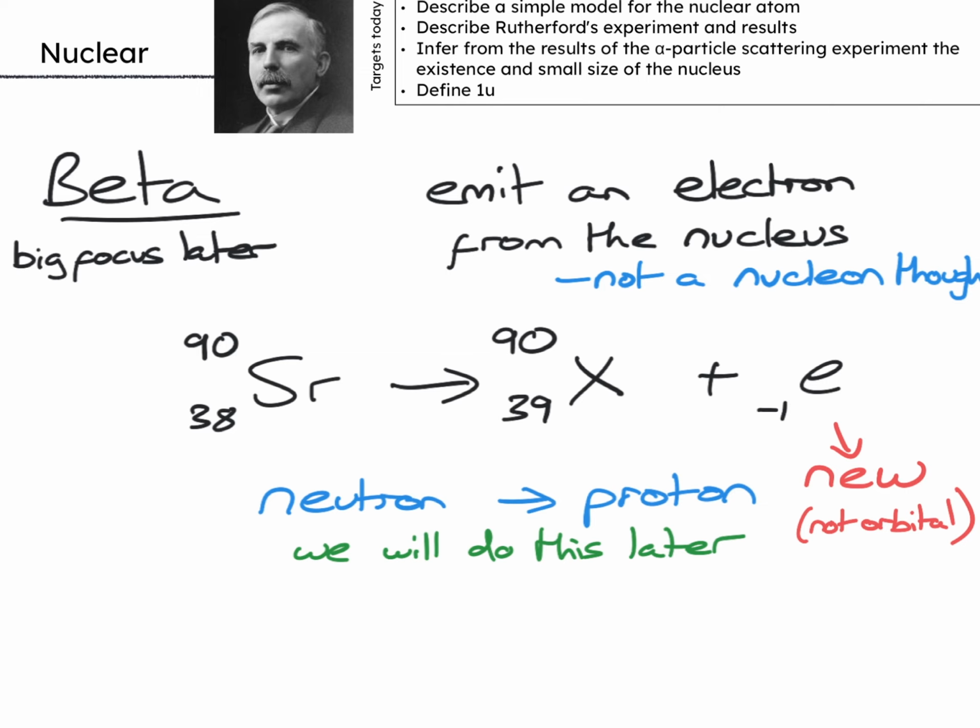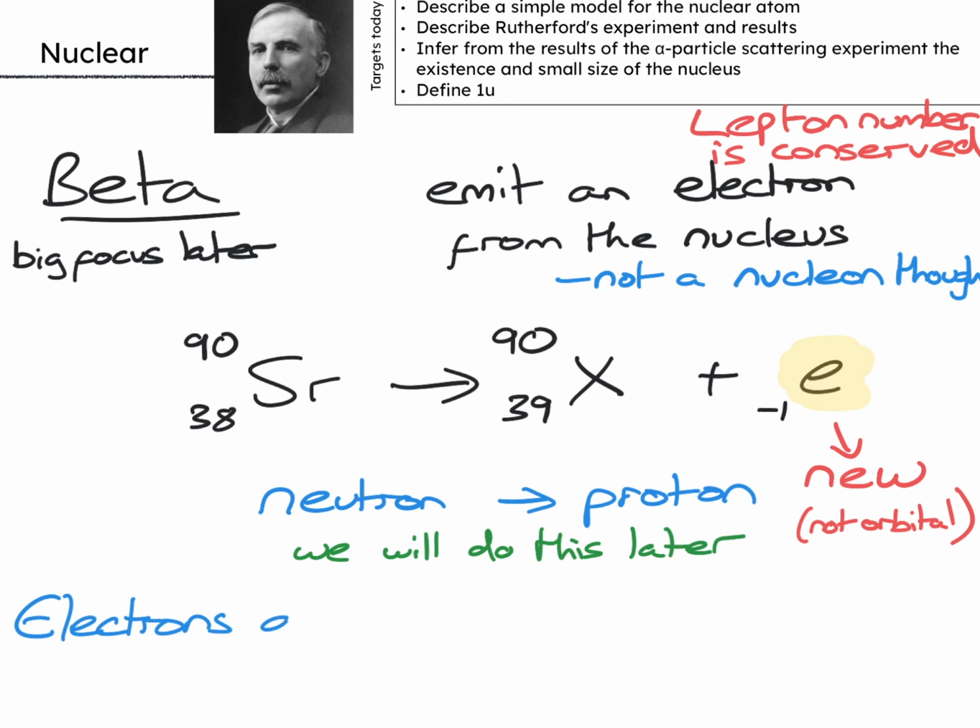Now, do you remember earlier I mentioned something called the lepton number? And that lepton number is also conserved. Now, lepton is the name for a group of particles, and electrons are in that group. Electrons are a kind of lepton. In this beta minus decay, we just created a new lepton.